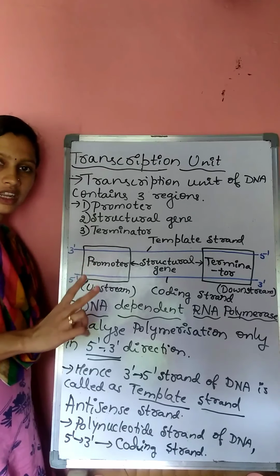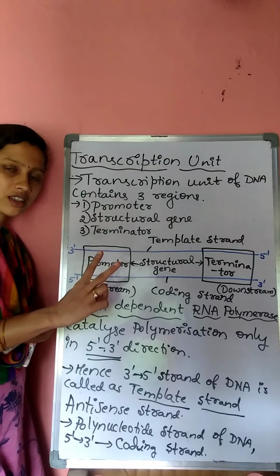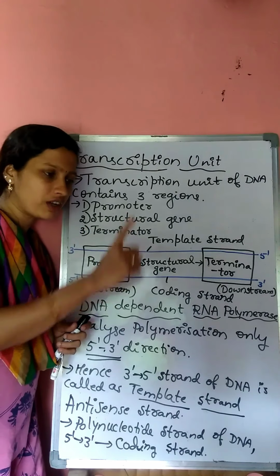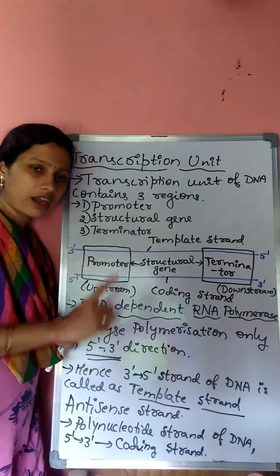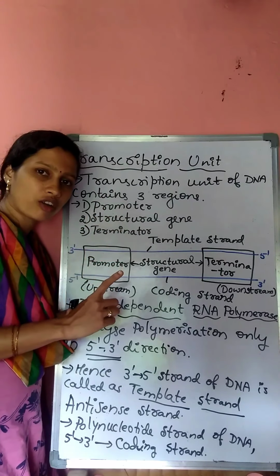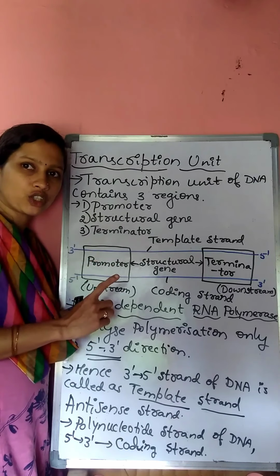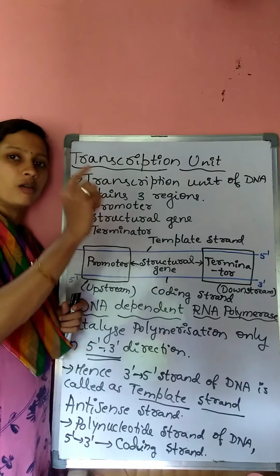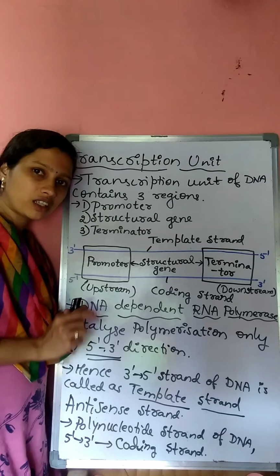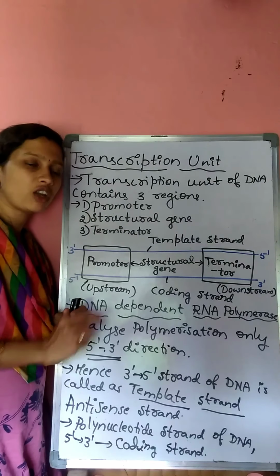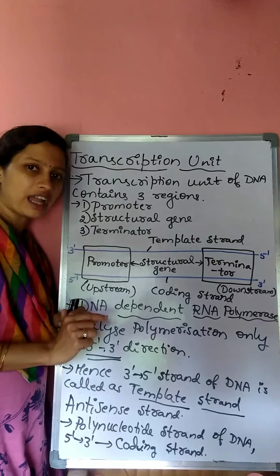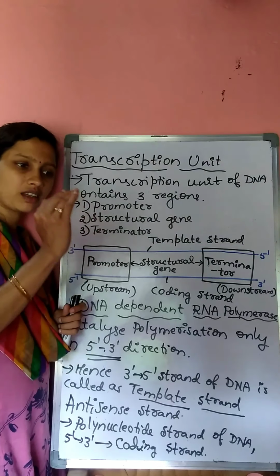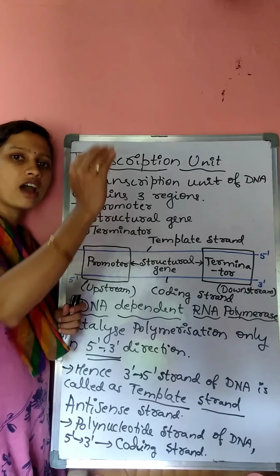In case of DNA, two polynucleotide strands are present. The polynucleotide strand having the polarity of 3' to 5' acts as a template strand. That means it guides the synthesis of RNA.